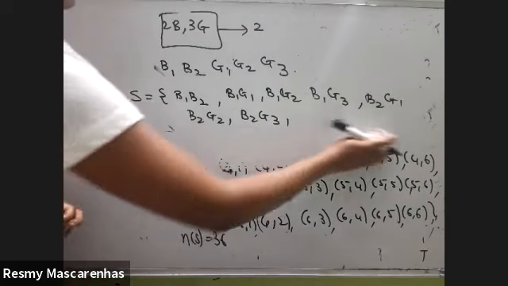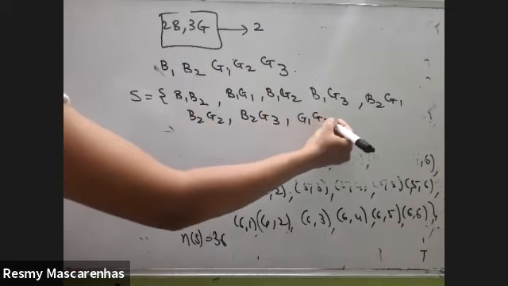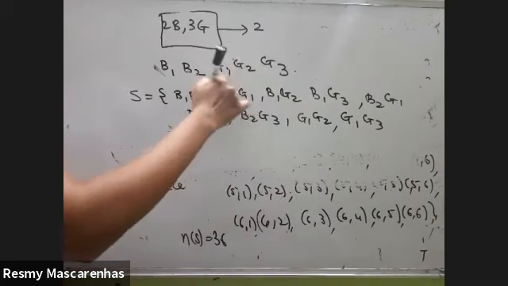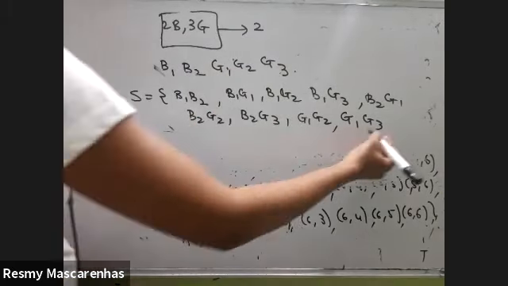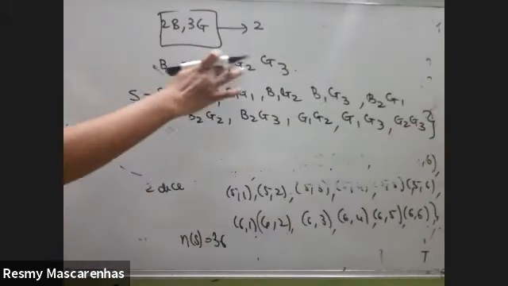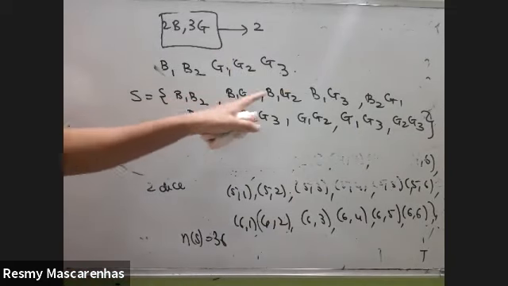Then, done with boy 2, then the girls: girl 1, girl 2, girl 1, girl 3, girl 2, and girl 3 last. So to count, you'll get 10 combinations.